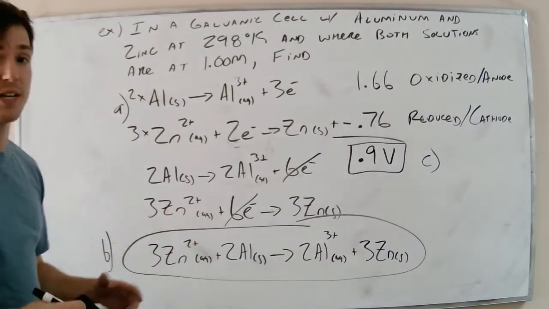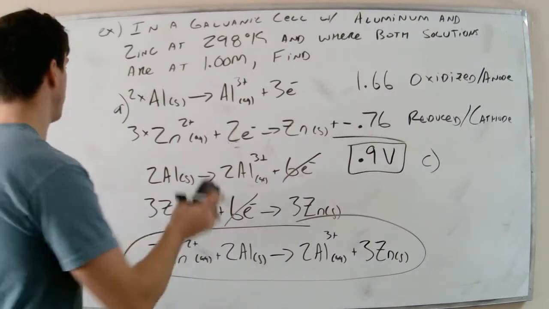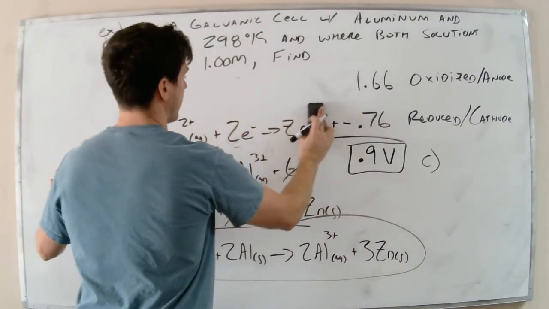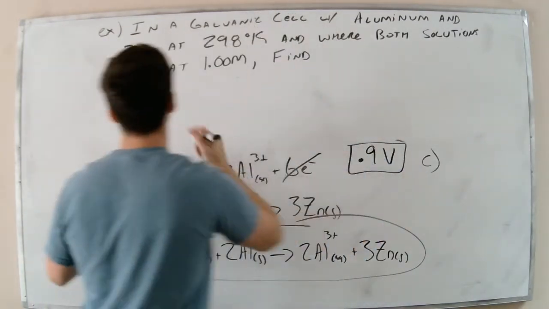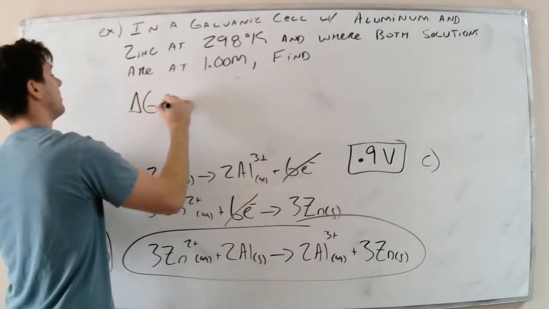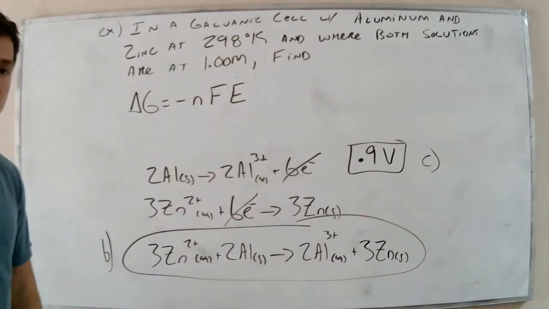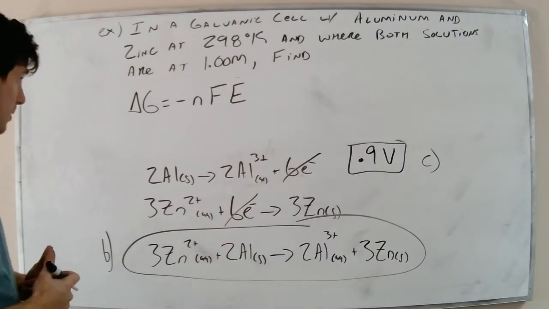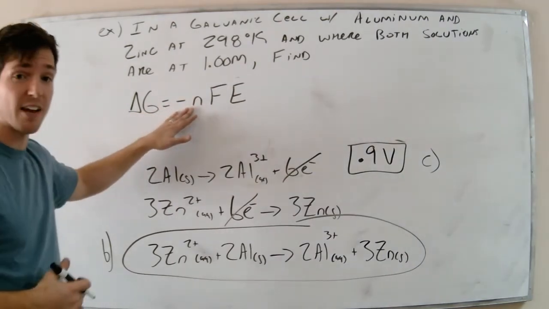And now remember, in D, it wants us to find the free energy, which is just Gibbs free energy. For Gibbs free energy, if we want that, we're going to need negative nFE. Well, n is the number of moles of electrons that we had from the overall reaction.